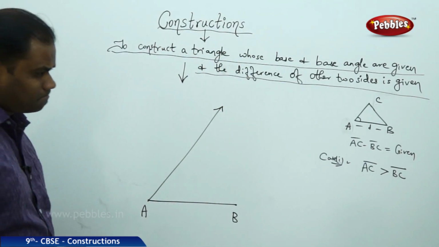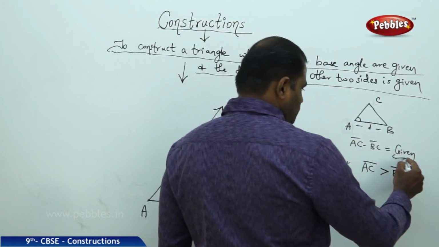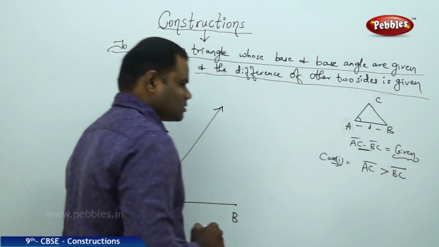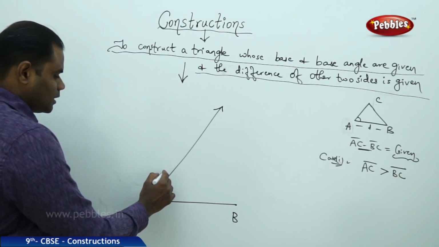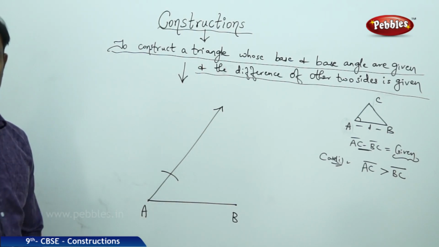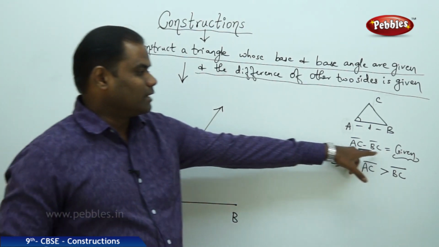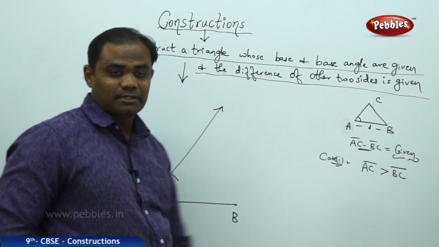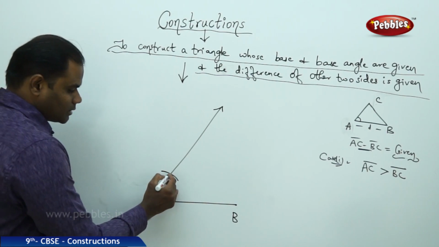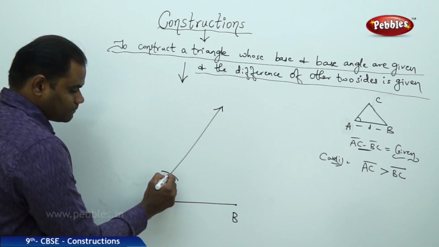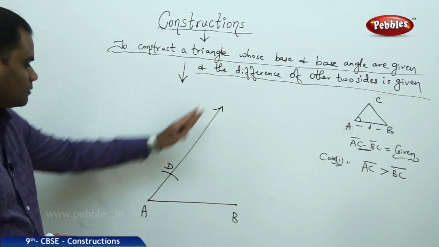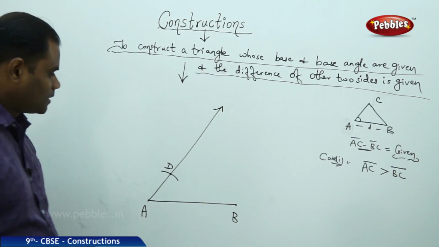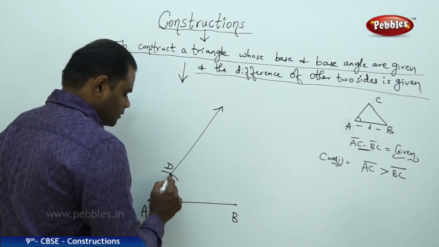So in this case, the value which is given for the difference of the other two sides is taken on the compass and we cut the arc. So here we cut with the same measurement of the value as given in the difference of two sides, using the compass. So this cuts the ray at point D, and now I join BD.